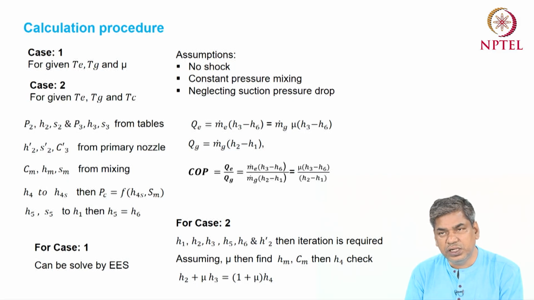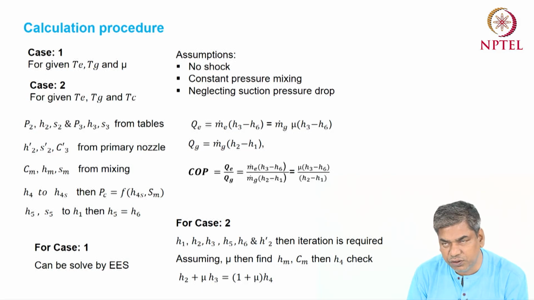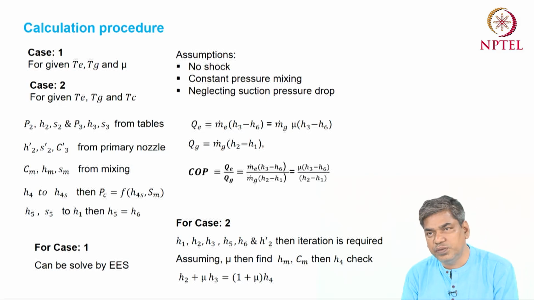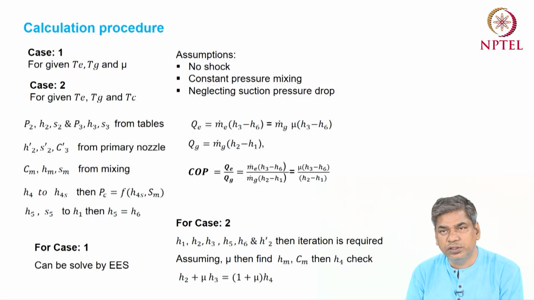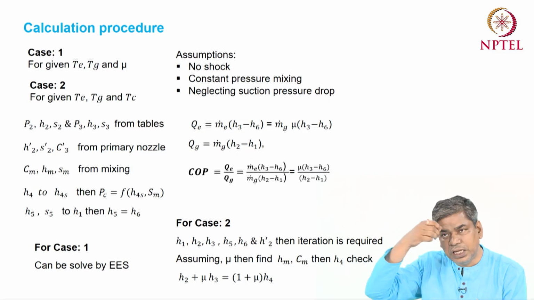That outlet pressure should be equal to the condenser pressure; that condition should be satisfied. Another option is that we can assume mu, and then see what outlet enthalpy we are getting after the diffuser and what is the actual enthalpy at the inlet of the condenser.